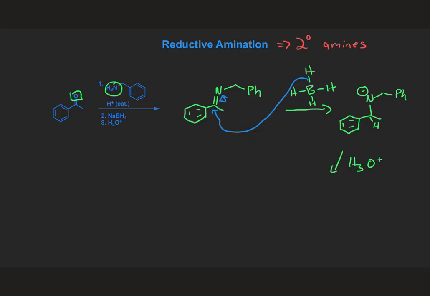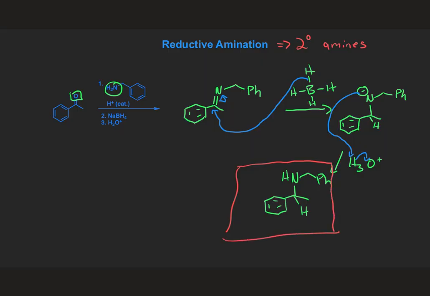H3O plus is used to protonate that nitrogen and produce the desired secondary amine as the final product.